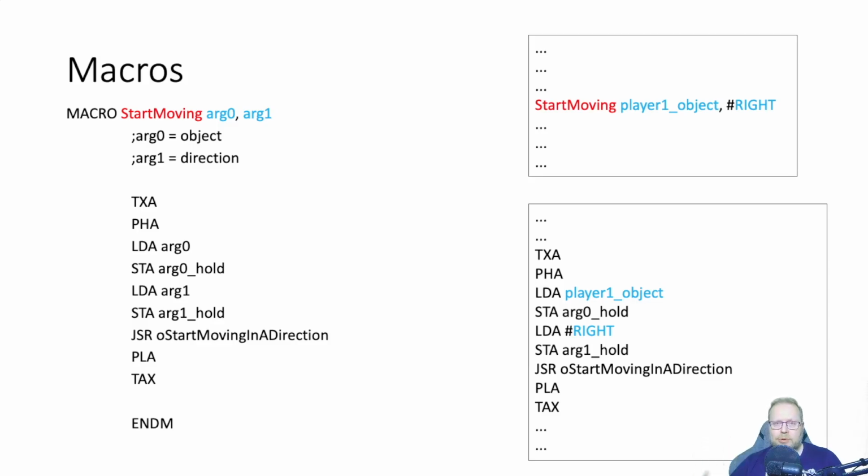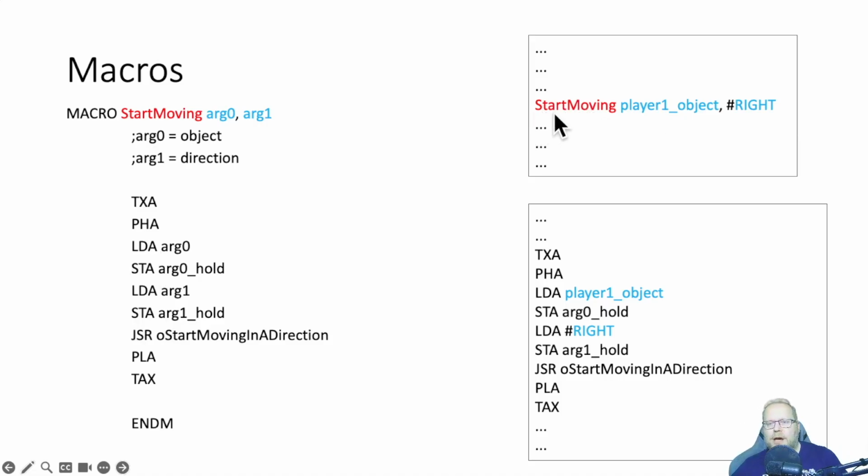Now this is important because it's because of the assembler that we can use macros. So because of the assembler, we can make a macro like this, and when we run the code through there, the assembler sees a name of a macro, and it can see that we have defined a macro with that name. So what the assembler does, it takes the contents of that macro and just puts it in there.